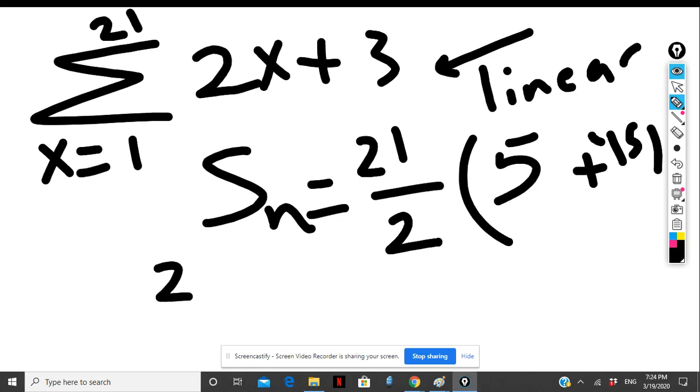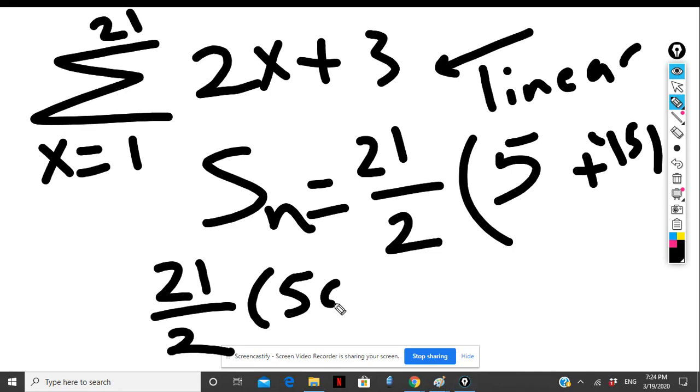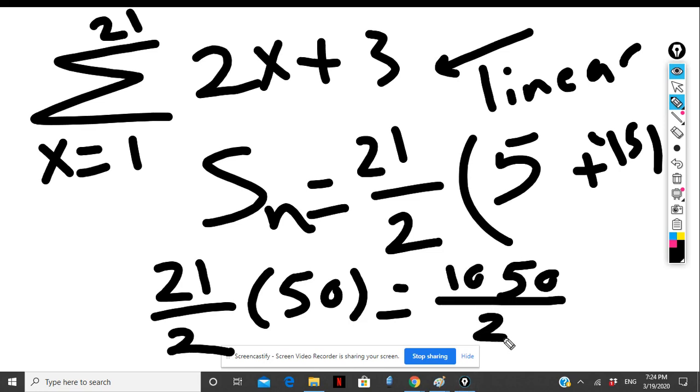So it's 21 divided by 2 multiplied by 50, which is going to be 1050 divided by 2, which is going to be 525. So if I add all the terms in the sigma notation, it's going to be 525.